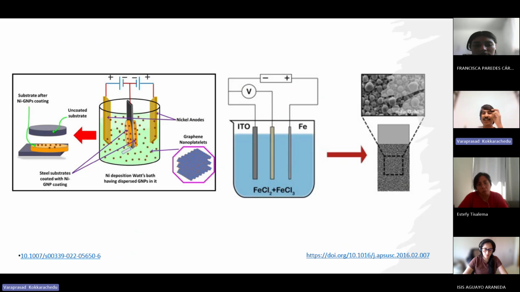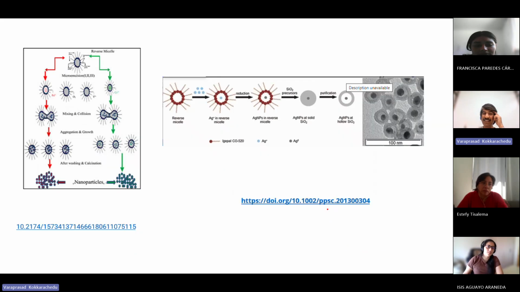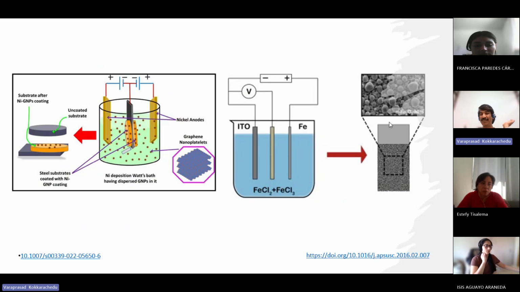Okay, and this one is the electrodeposition method. This one we don't need to know much about, but we can discuss it one time. Okay, here we can see positive and negative electrodes, anode and cathode.